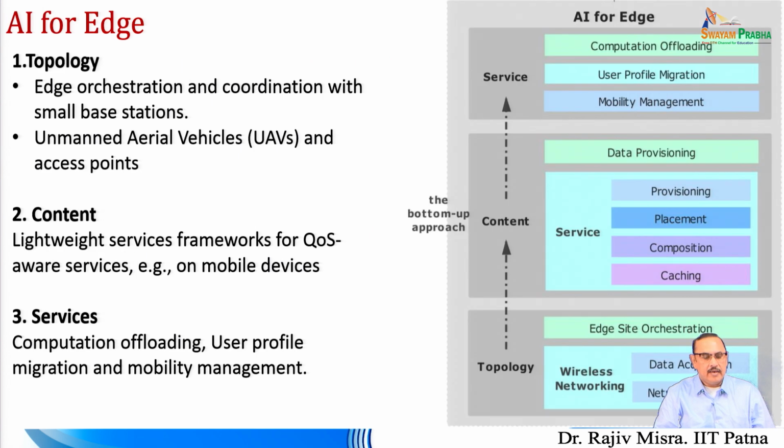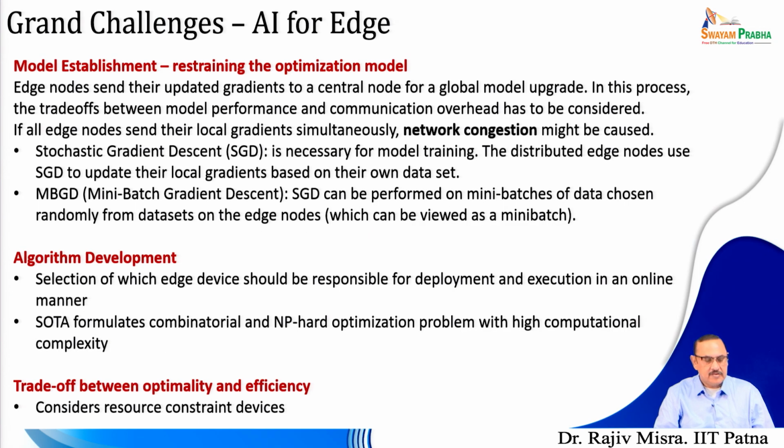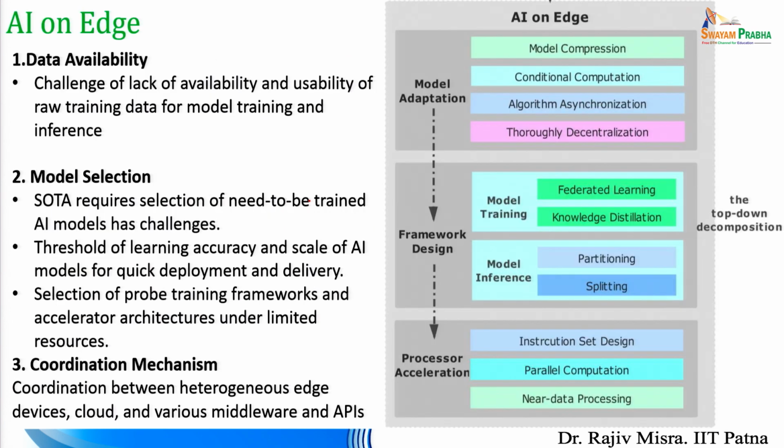AI for the edge has a lot of challenges in terms of model establishment, and the optimization models used such as stochastic gradient descent and mini batch gradient descent in that model establishment, algorithm development and the trade off with optimality.